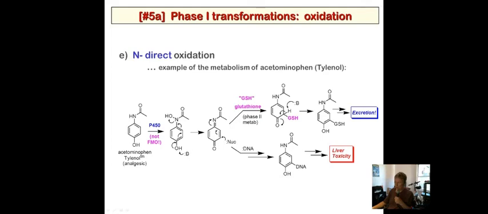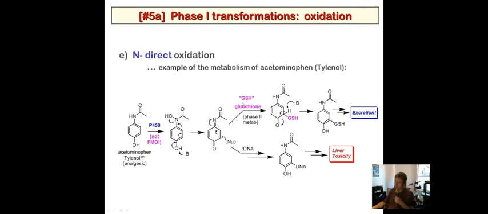Then a base takes off the proton, and you form kind of a quinone type thing. So the double bond forms, this double bond transitions here, and then this forms a C double bond N, and the hydroxy group goes away. And this is another kind of biological electrophile where a nucleophile might attack and be attached to this.